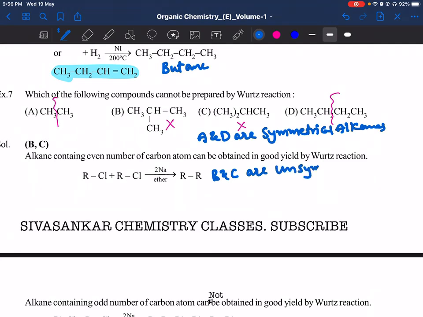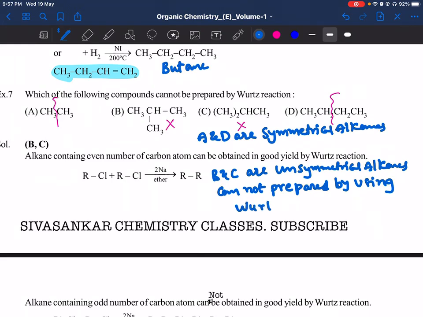We cannot cut those into two equal parts, so these unsymmetrical alkanes cannot be prepared by using the Wurtz reaction.